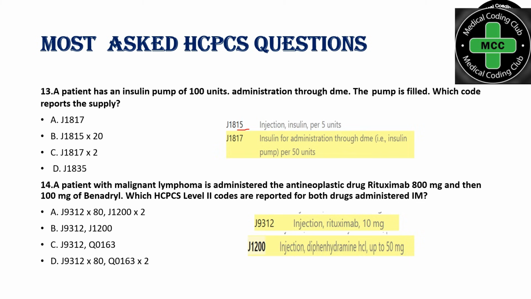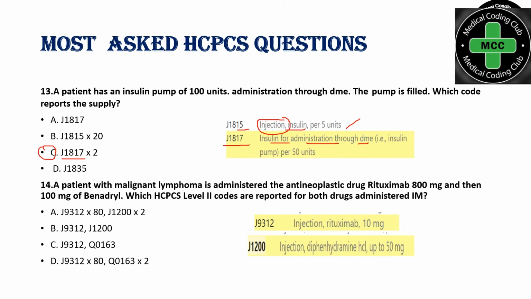J1815 is injection, insulin, per 5 units, so here they are directly giving an injection. Then J1817 is insulin for administration through DME, that is durable medical equipment. An insulin pump comes under DME. So according to that, for this particular question, the answer is C.